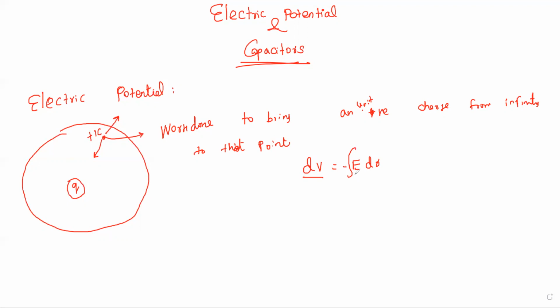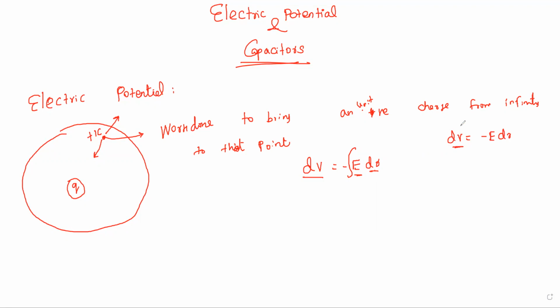Force for 1 coulomb charge is the electric field intensity, and this electric field intensity or force keeps changing with respect to distance. So we take a small distance to move, and for this small distance, how much work is required, that is dV.